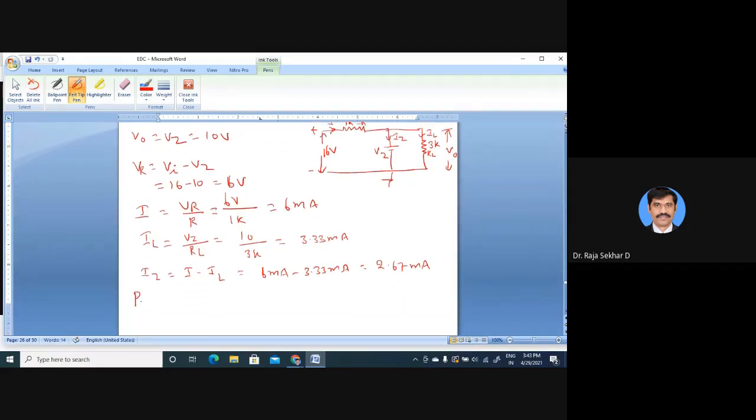Now what is power? PZ is equal to Vz into IZ. Vz is 10 into IZ is 2.67 milliamperes. That is 26.7 milliwatts. That is the power.